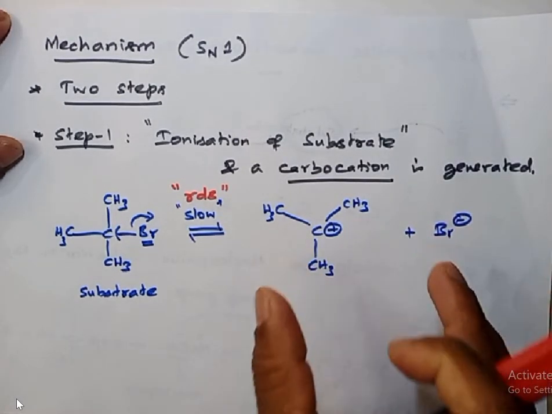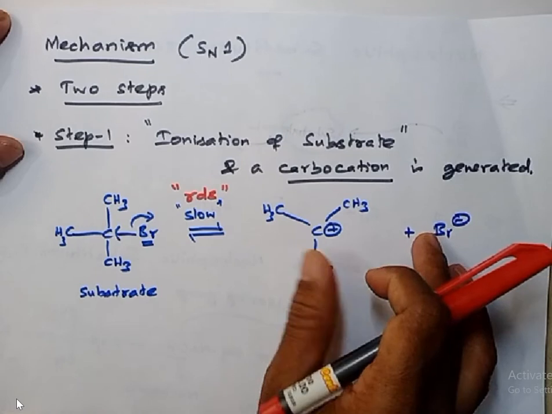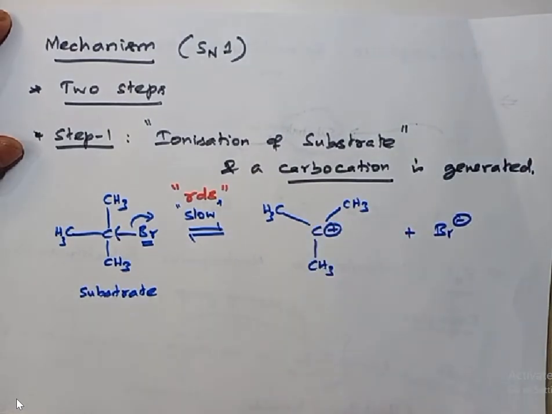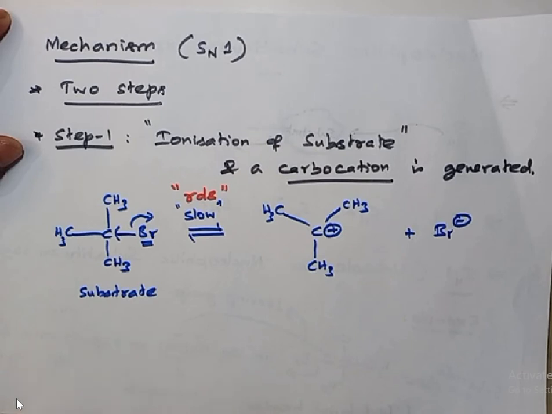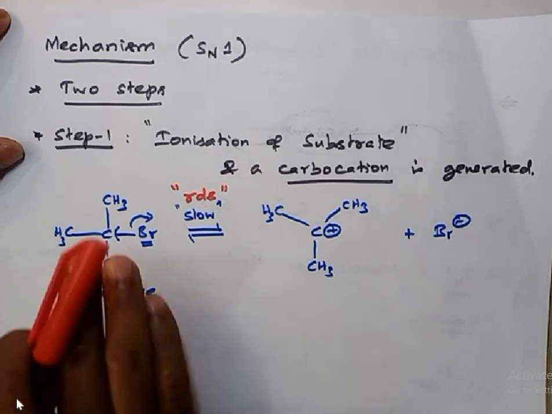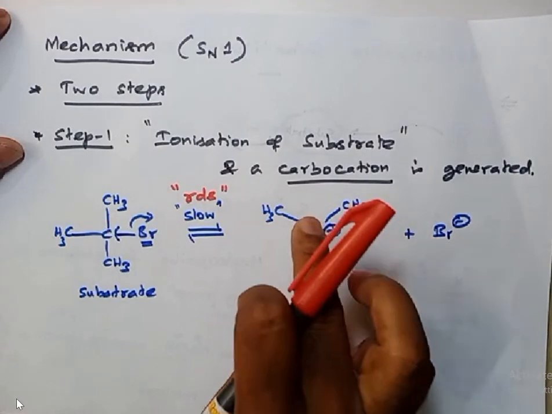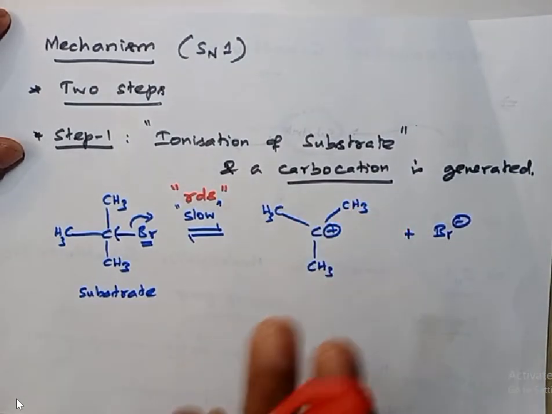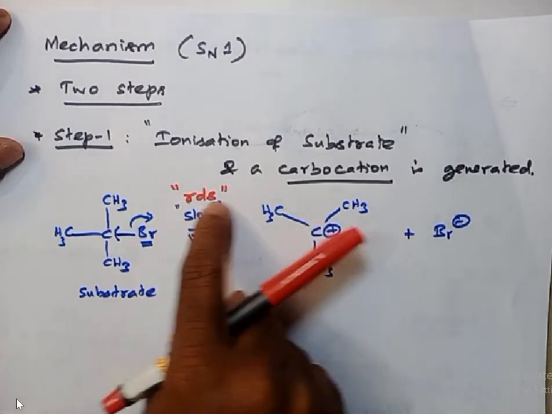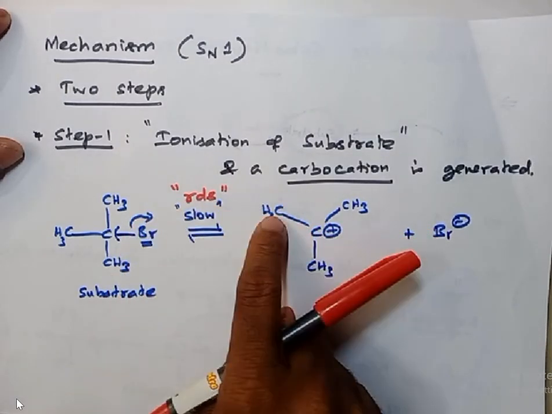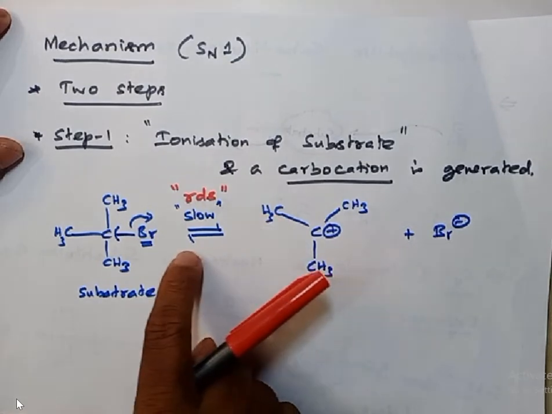If the ions are stable enough, then they undergo further reaction. They usually do not participate in the backward reaction. So in this reaction, carbocation stability is very, very important. If the carbocation is more stable, then the forward reaction occurs to a larger extent compared to the backward reaction.